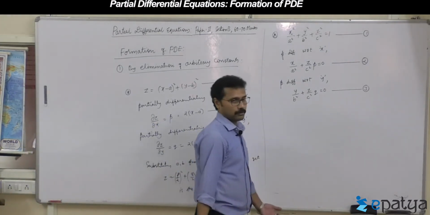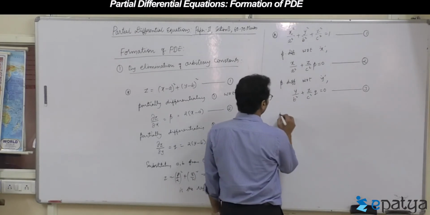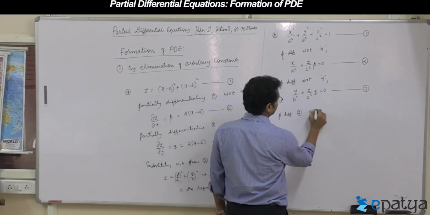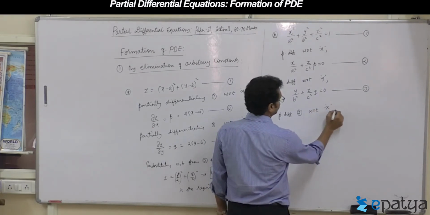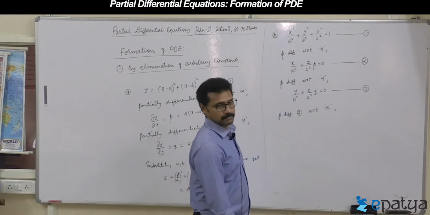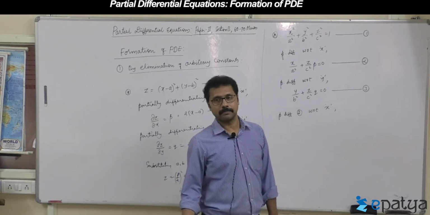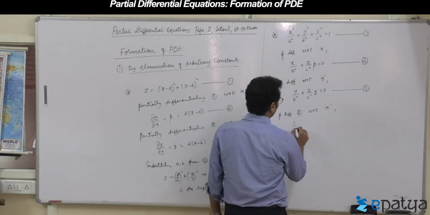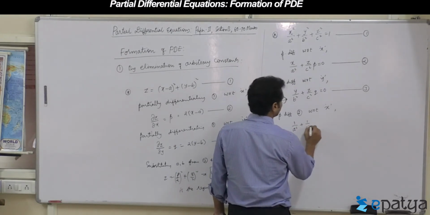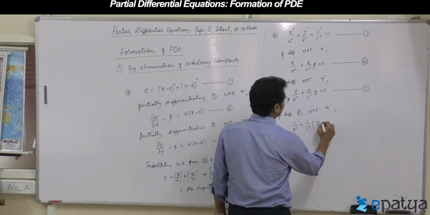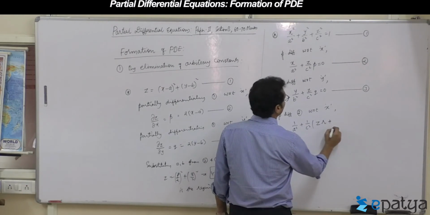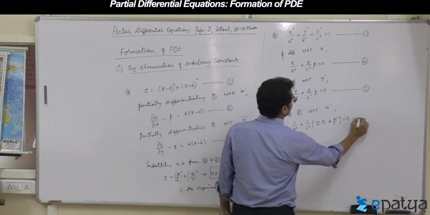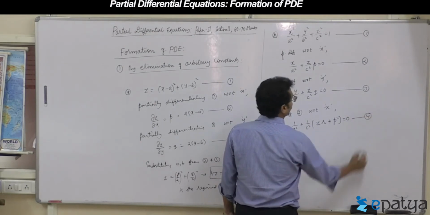So going for higher orders. Partial differentiation of 2 with respect to x, suppose. I'm looking for dou square z by dou x square. 1 by a square plus 1 by c square into z r plus p into dou z by dou x, p square equal to 0, equation number 4.